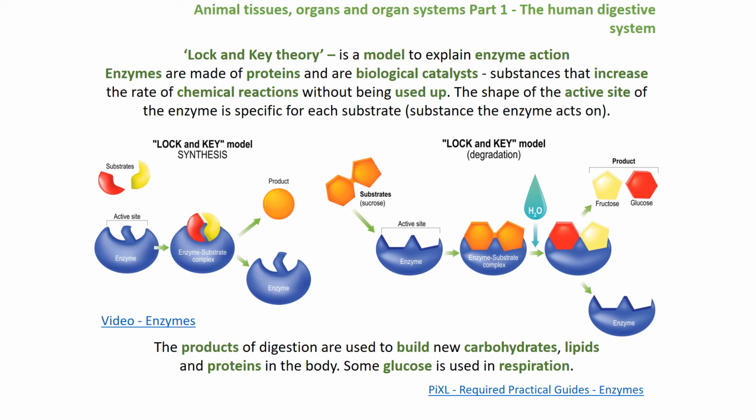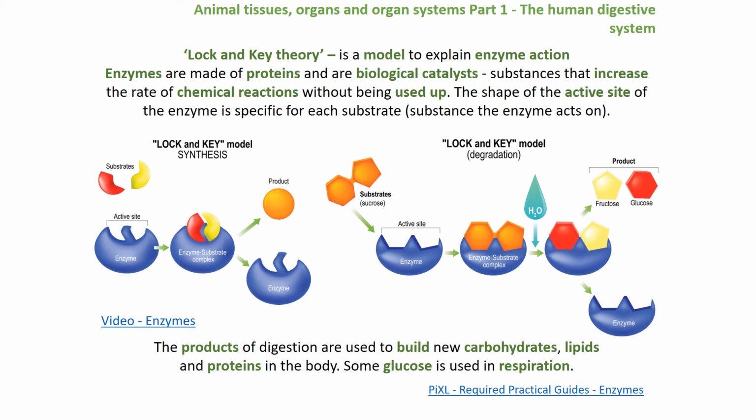So they speed up the rate of a reaction. Large insoluble molecules will break down naturally, but it takes a very, very long time. And we don't have that amount of time because we need it in our body to perform lots of different functions. So we use these enzymes, these catalysts, to speed up that rate of reaction.